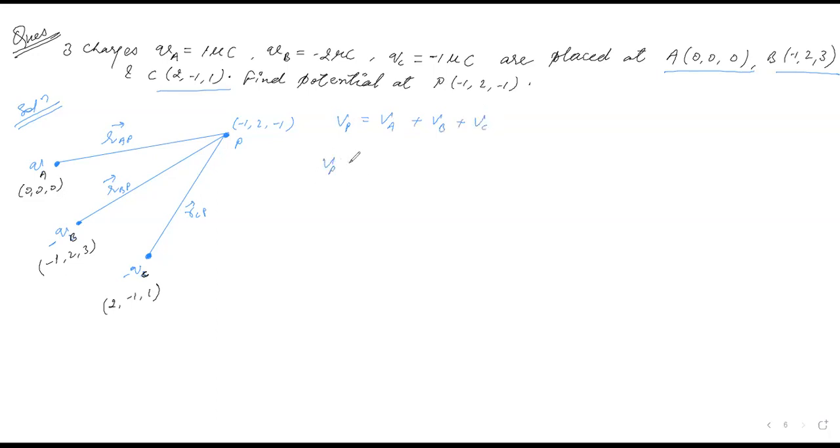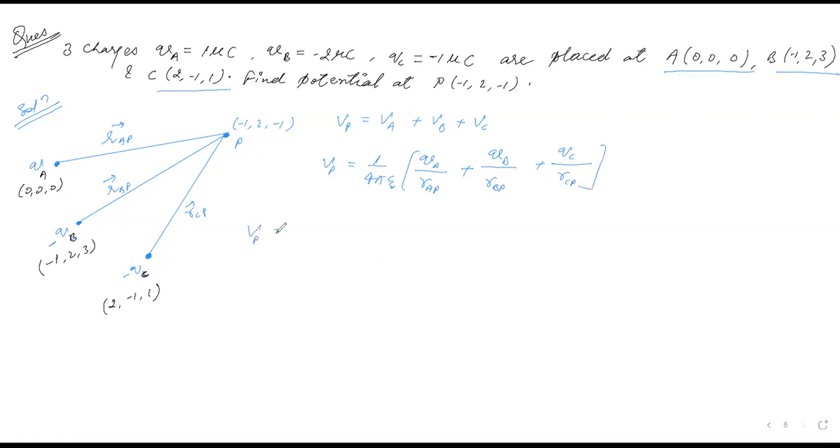Then your VP is 1 over 4 pi epsilon naught times QA over RAP plus QB over RBP plus QC over RCP. Do you understand?